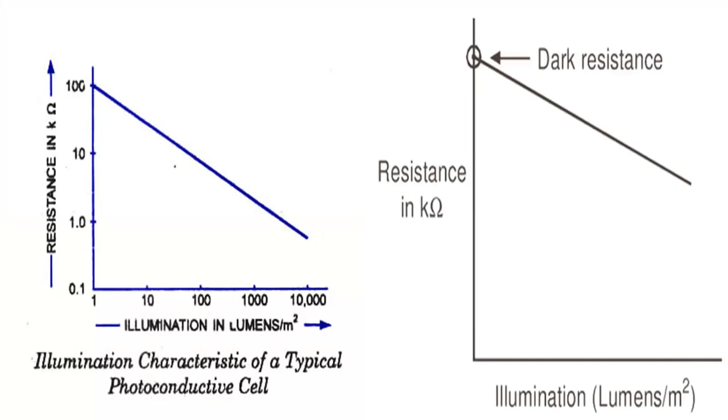This resistance is called dark resistance. When the cell is illuminated, the resistance may fall to a few hundred ohms. Note that the scales on the illumination characteristic are logarithmic to cover the wide range of resistance and illumination that are possible. Cell sensitivity may be expressed in terms of the cell current for a given voltage and given level of illumination.